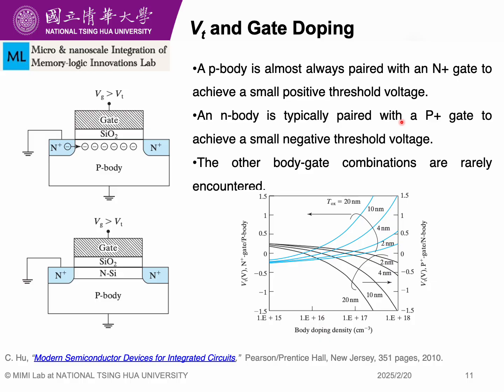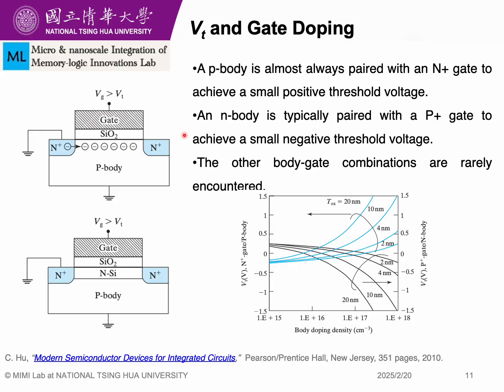So there should not be any depletion region at Vg equal to 0. But Vt should be small enough so that I do not have to apply a very large voltage to turn on the transistors. That is why we always have to pair the p-body with N plus. What happens when we pair p-body with p plus?